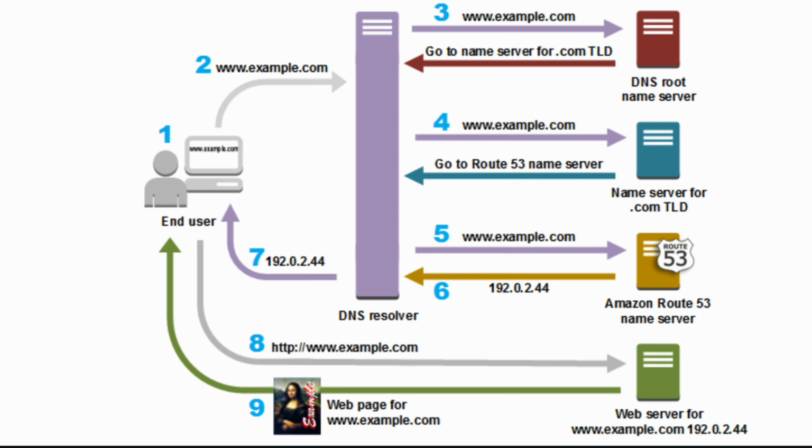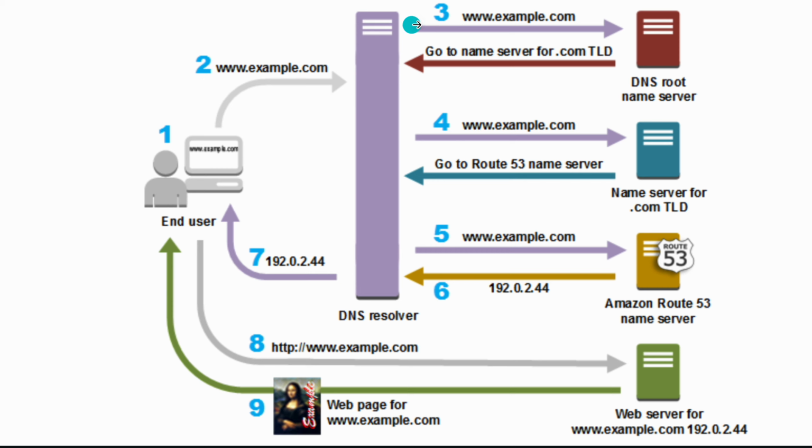There is another example here. This is an example from Amazon: if you're hosting a website on Amazon, how does it work? You are the person typing a website whose name is www.example.com, right?